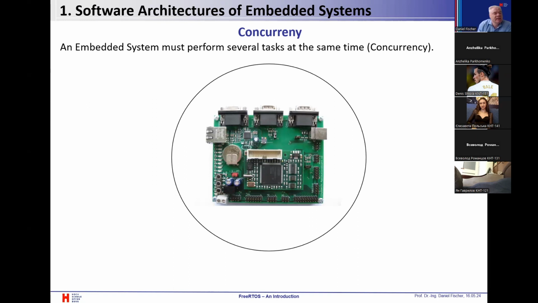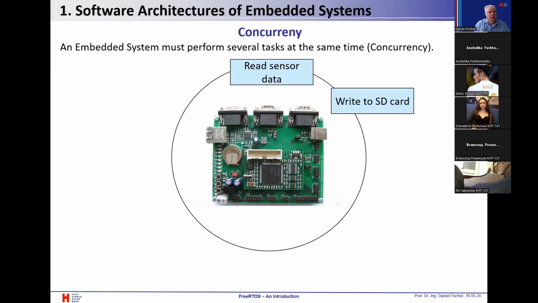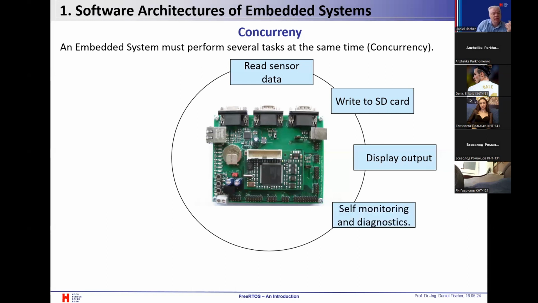What should we also know? Very important is what a deeply embedded system is doing. Deeply embedded systems must perform several tasks at the same time. I'll show you some examples. You have to read sensor data. Maybe you write data to an SD card. Maybe you have a display and you have to print something on it.